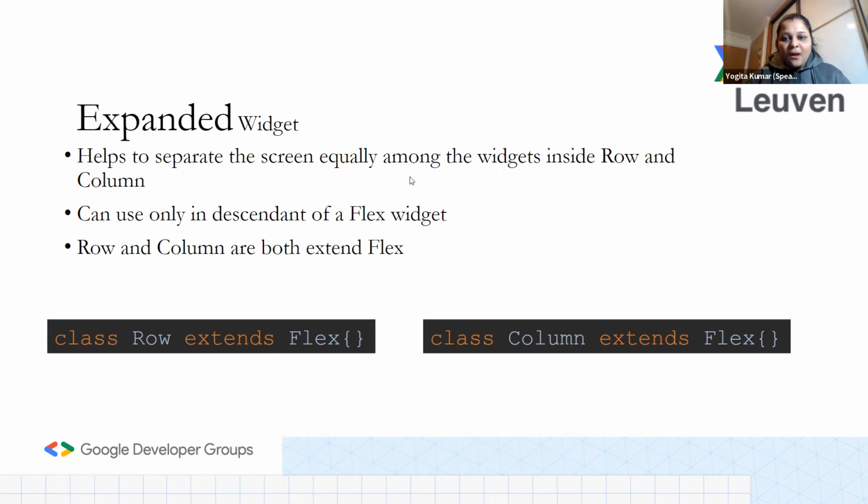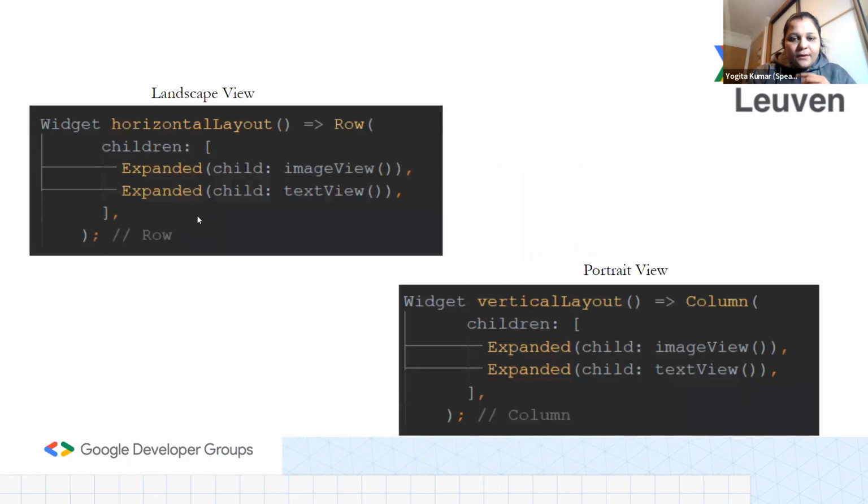The Flex widget is a widget in Flutter that gives you the flex of your components, meaning if you have a column or a row, it allows you to distribute the space between them. So let's see how we do it. With the row, the image view and the text view are wrapped in the Expanded widget. What does this mean?